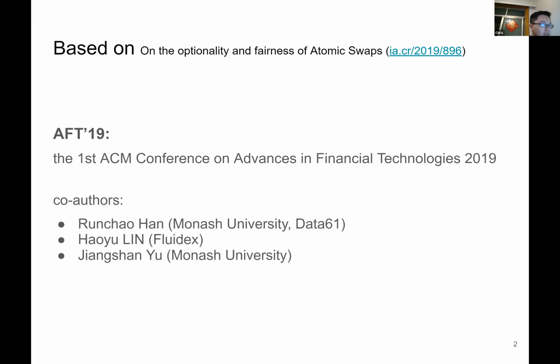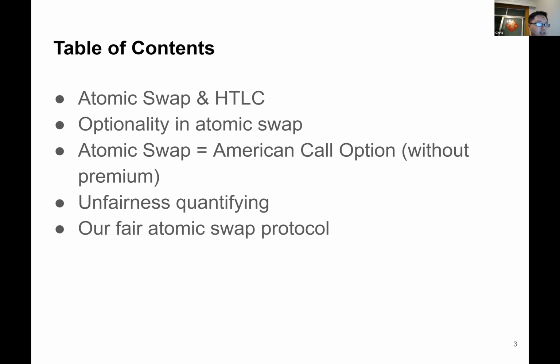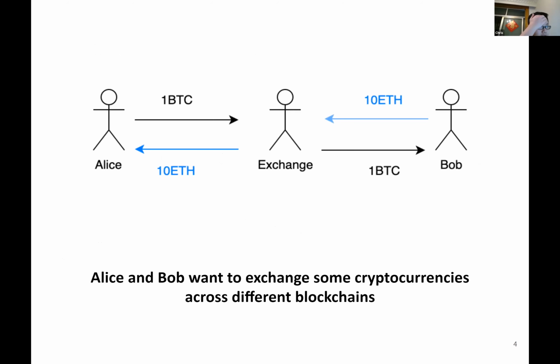To begin with, let's take a look at how people could exchange cryptocurrencies across different blockchains. Let's say Alex wants to exchange 1 BTC with Bob and get 10 ETH.